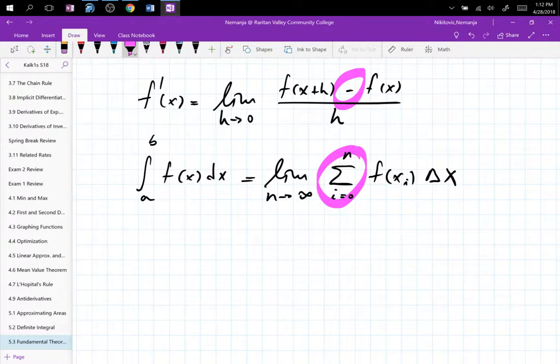What else? Yes! This is called division, and this is called multiplication over here. You see that they're completely opposite of each other. One is using subtraction and division in a derivative, and h goes to 0. The other one, n goes to infinity, uses sum and multiplication. All of these operations undo each other. So that's that. So now you have all of these concepts put together, I hope.